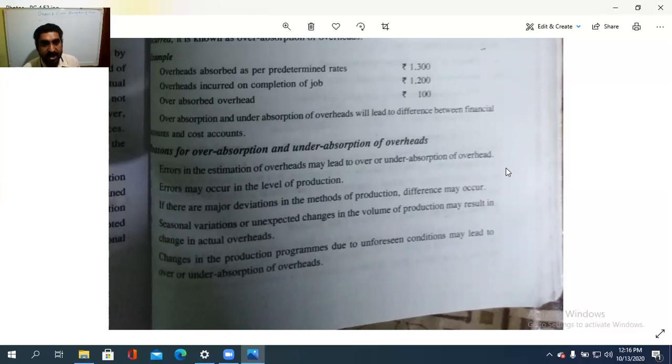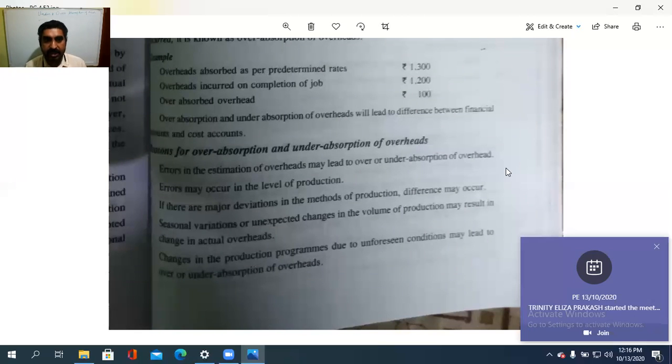Then seasonal variations or unexpected changes in the volume of production may result in change in actual overhead. Then changes in the production programs due to unforeseen contingencies or unforeseen conditions may lead to over or under absorption of overhead.